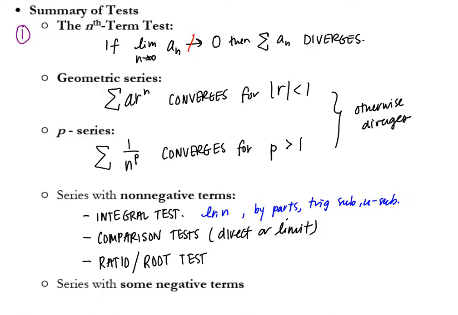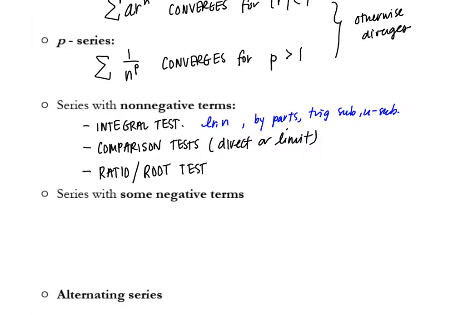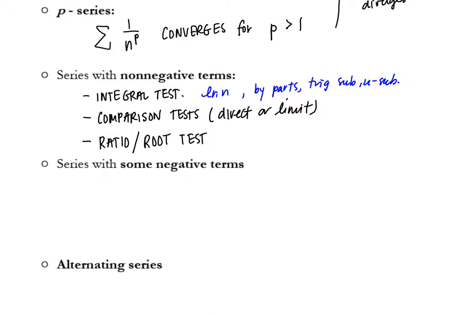Maybe you find one that's sort of your go-to, and if that doesn't work, you try something else. You remember that there are results of comparison tests and ratio tests that you have to be able to interpret. So those mean that you need to remember the tests. The integral test is kind of easy. Converges or diverges is pretty evident. Now, if a series has some negative terms in it, then we want to consider whether or not it converges absolutely. So we would do that first.